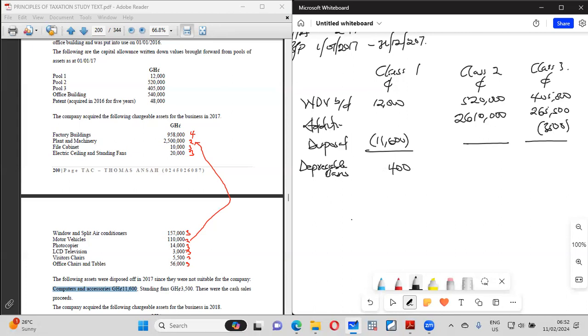Please remember to put the percentages on them. So here it means straight away we have capital allowance of 400. Don't go and do 40%, because it's less than the 500. So our WDV carry down is 0.